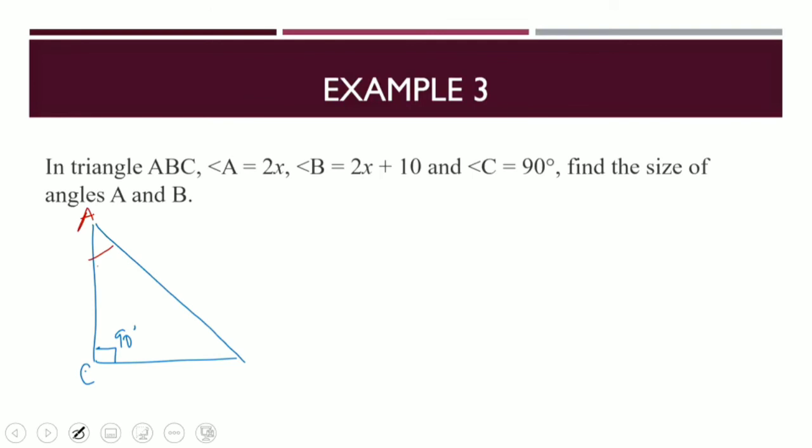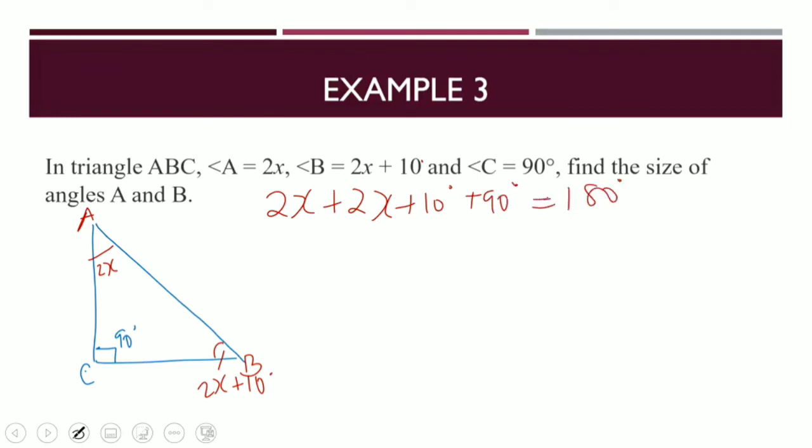So angle A would be 2x, and angle B would be 2x plus 10 degrees. Again, we know the sum of all the angles is going to be 180 degrees.